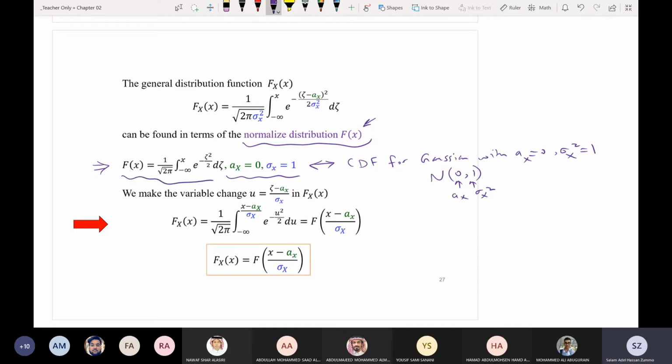So I make numerical integration of this function that has ax equals 0 and sigma x squared equal 1, and then I make this table. Now, if I want to calculate for a specific ax and specific sigma x squared, what do I do? I make a change of variable.